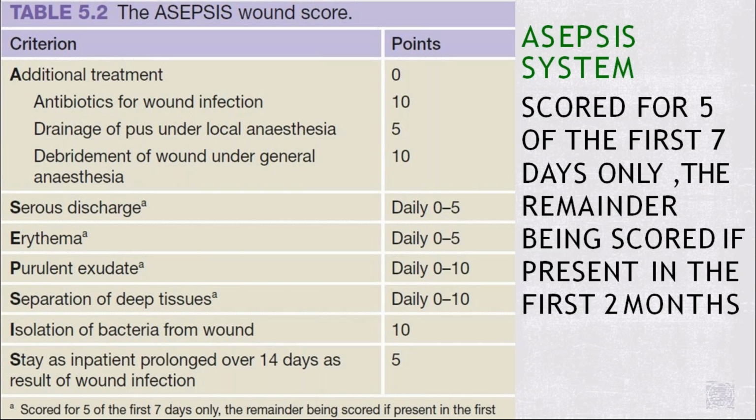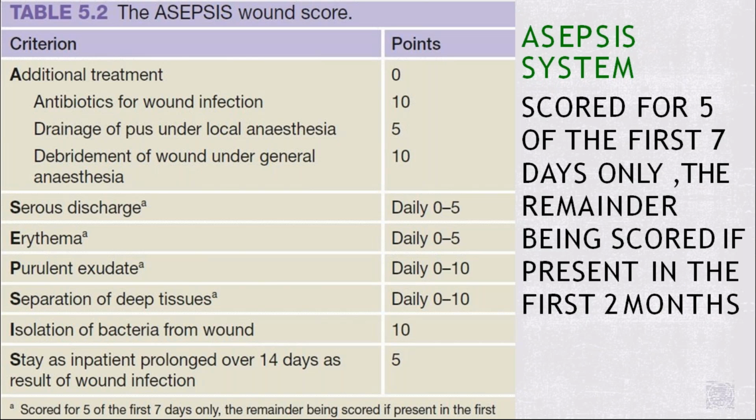So the other criteria is the asepsis wound score. The asepsis wound is scored for the first 7 days only, and the remainder is scored if present in the first 2 months. So what is the criteria? We should give points according to any additional treatment other than pus drainage.